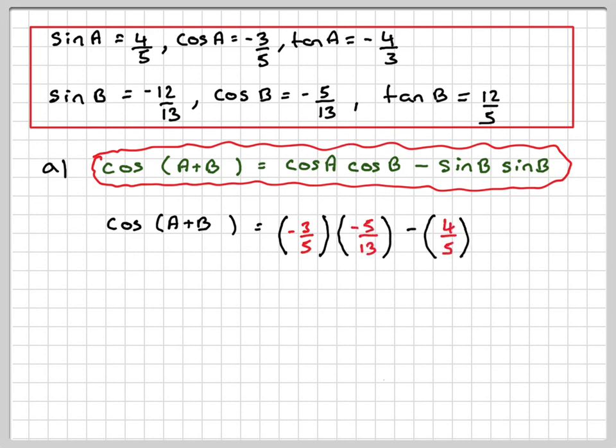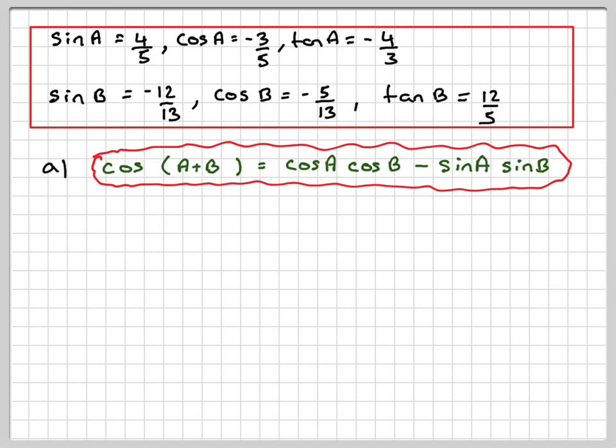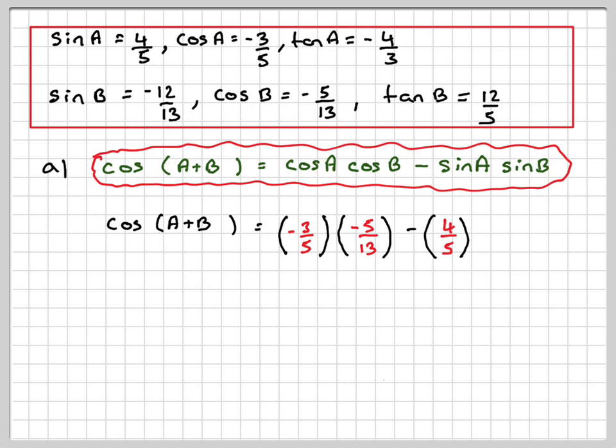Sorry, let me scroll back a bit, because that should be sine A, not sine B. So starting again, cos(A + B) will be cos A, which is minus 3/5, times cos B, which is minus 5/13, minus sine A, which is 4/5, times sine B, which is minus 12/13.